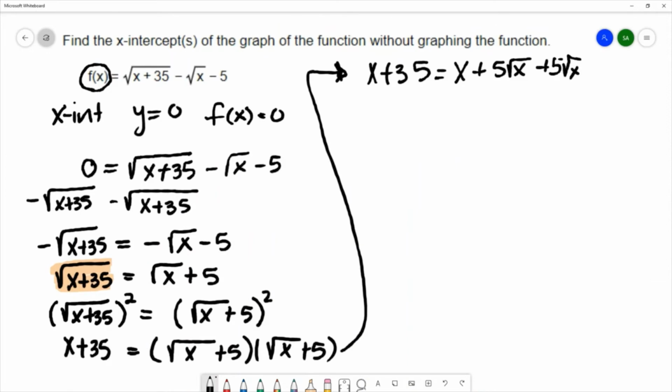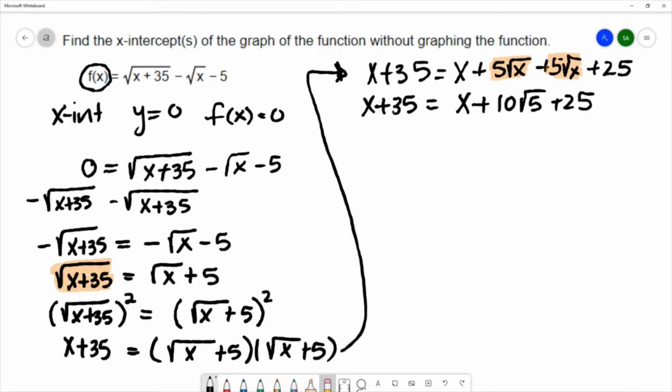And 5 times 5 is 25. I can combine like terms. These two terms are like radicals, and they would combine to be 10 square root of x.